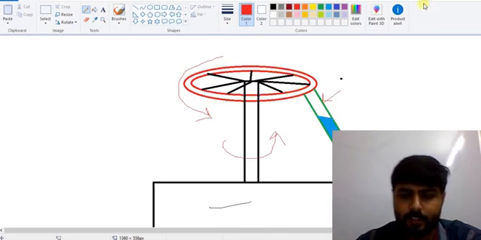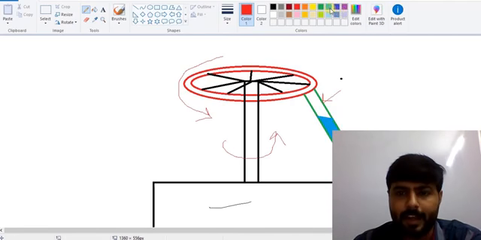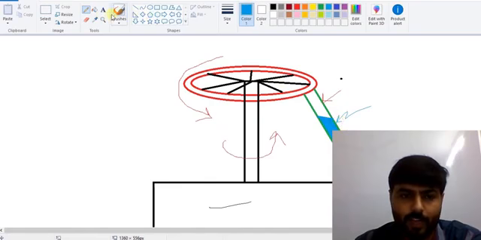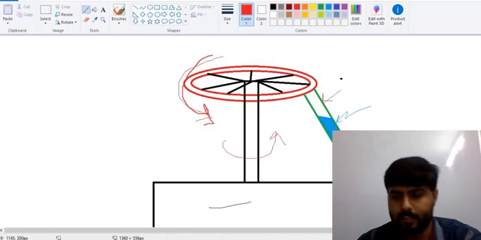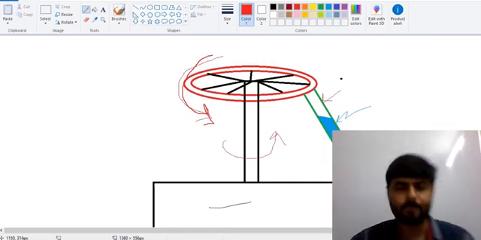So we have fixed this test tube here, and this is the component we filled in this test tube, on which we have to experiment or which we have to separate. As it rotates, the particles of the component try to move in this direction, outward.